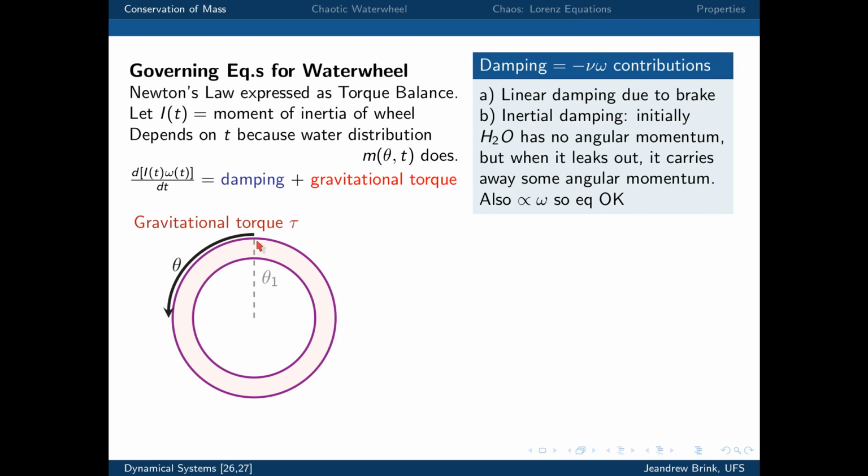So a little bit of water over there is not going to cause the wheel to rotate. But what happens if you move the water out at an angle that's no longer vertical, and you put a packet of water over there? Gravity is going to pull it down, and it's going to cause the wheel to rotate in the counterclockwise direction.